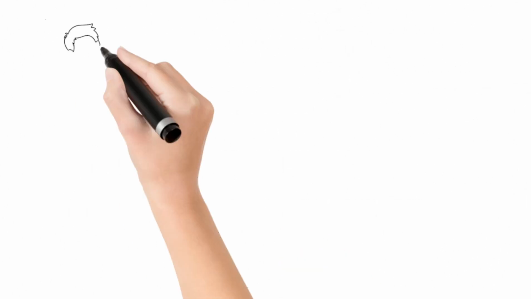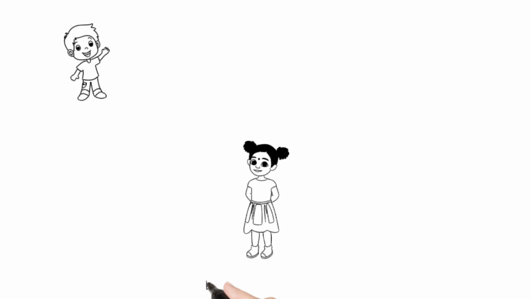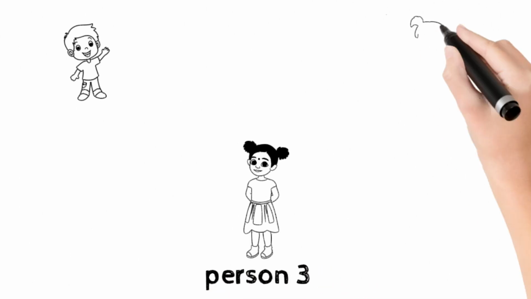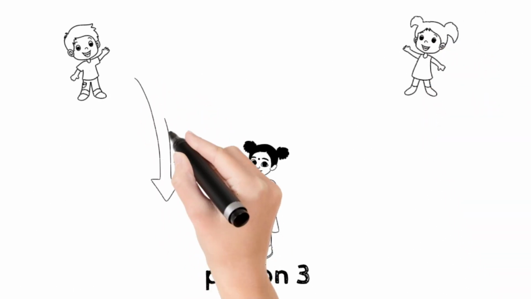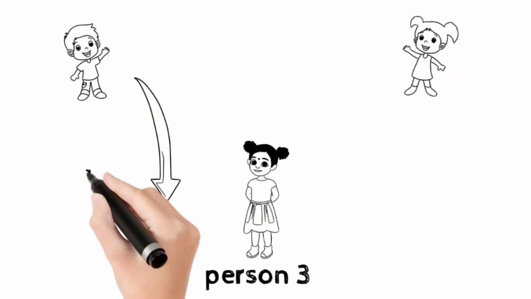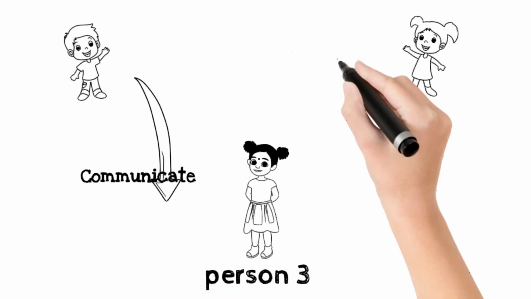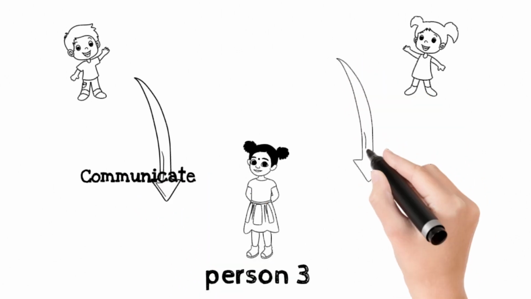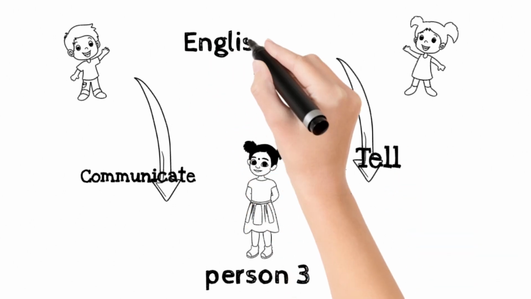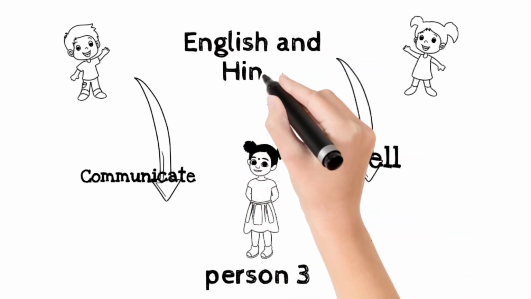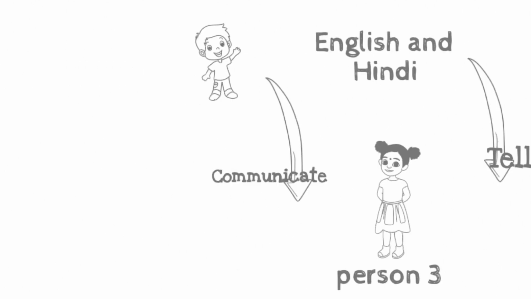What will he do? At that time, person 1 will talk to person 3. And that person 3 should know both the languages, English as well as Hindi. Person 3 will listen to what person 1 wants to say, and then he will go and communicate it to person 2. In this way, the whole communication process will work.